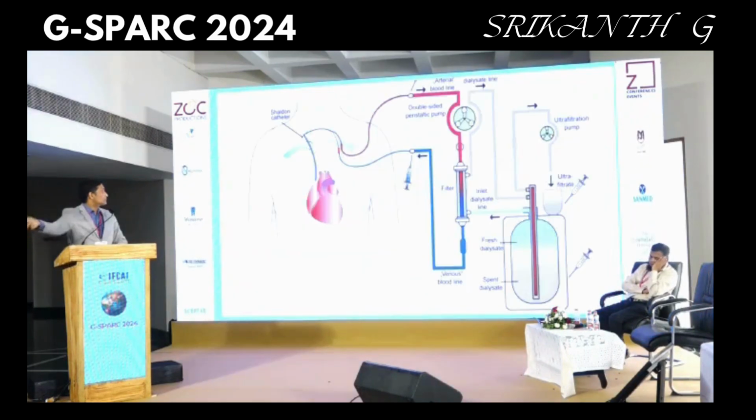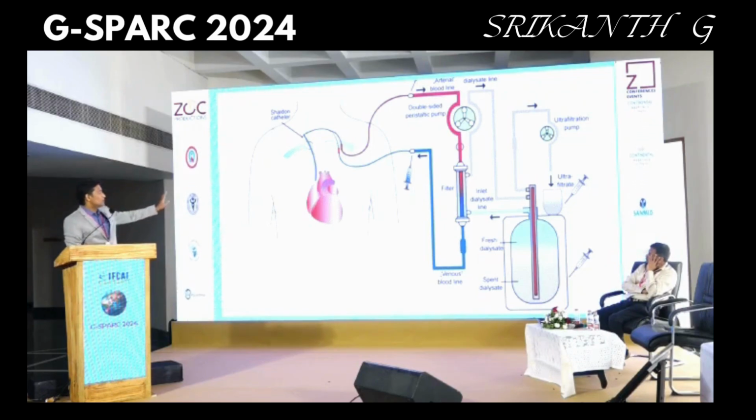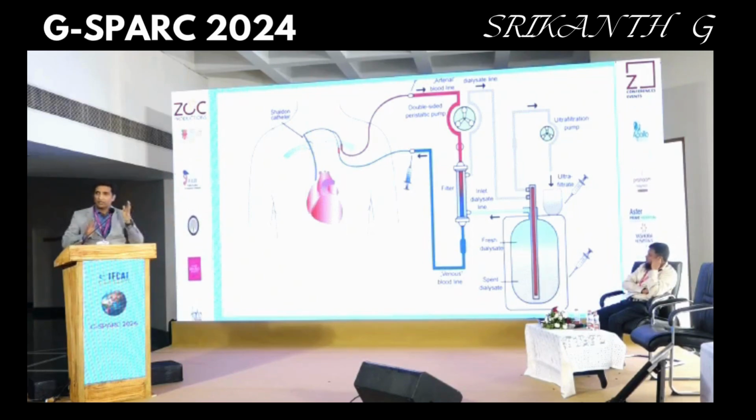So this is what happens in dialysis, for a basic understanding. The blood from the patient flows through the pump and then through the dialyzer. The small vertical chamber that you see is the dialyzer, through which the blood is returned back to the patient. That is the blood circuit. On the other side, you see the water circuit where the dialysate flows in a counter current direction, opposite to the blood flow.